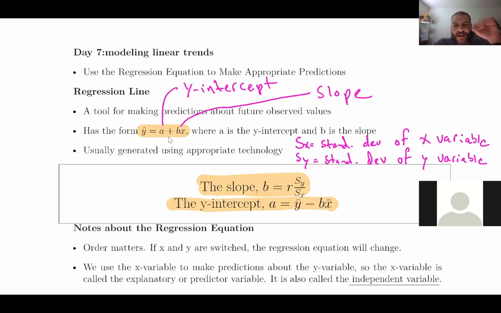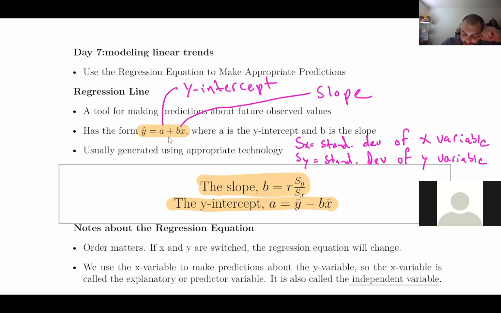The subscript of X and Y does make a difference, because if you remember from Friday, we have our explanatory variable and our response variable. S of X is the standard deviation of our explanatory variable. S of Y is the standard deviation of our response variable.